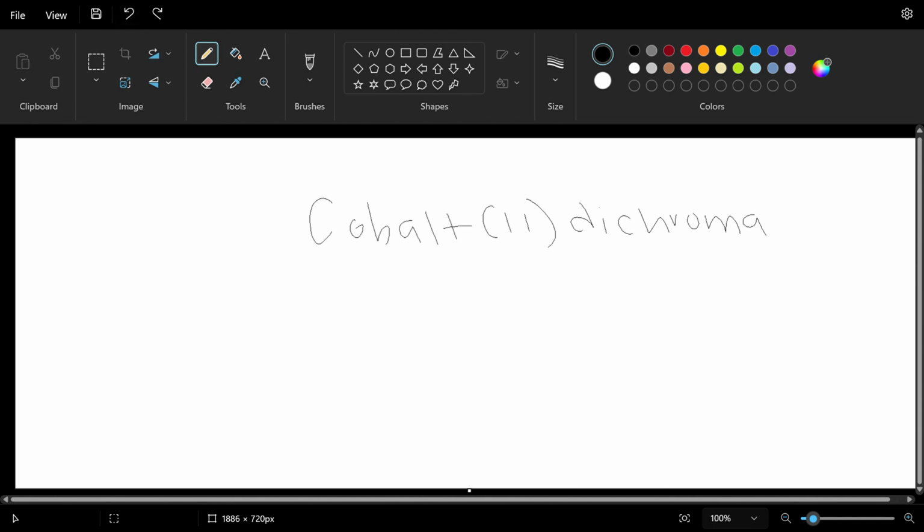Now, for another example, let me just erase this. Let's say it gives you iron 4 sulfate.